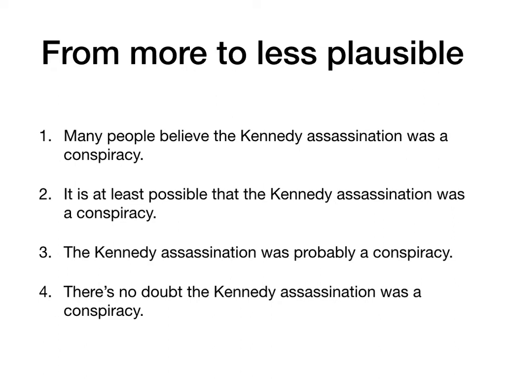It is at least possible the Kennedy assassination was a conspiracy. Even somebody like me who thinks it probably wasn't, there's a good chance they might admit, well, there's some possibility. Probably a conspiracy. Now we're getting much more controversial. I would not admit to that. There's no doubt the Kennedy assassination was a conspiracy. Even people who think it probably was wouldn't say it's beyond a doubt, right?